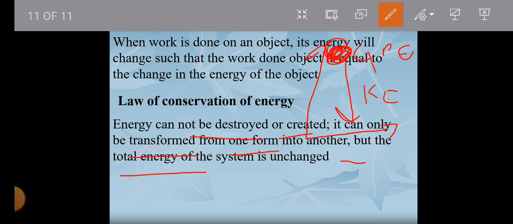Let us assume this is a closed system, and you start with 500 kilojoules of energy. Although GPE is going to change to kinetic energy, we are not actually losing energy. The energy is just changing from one form to another.